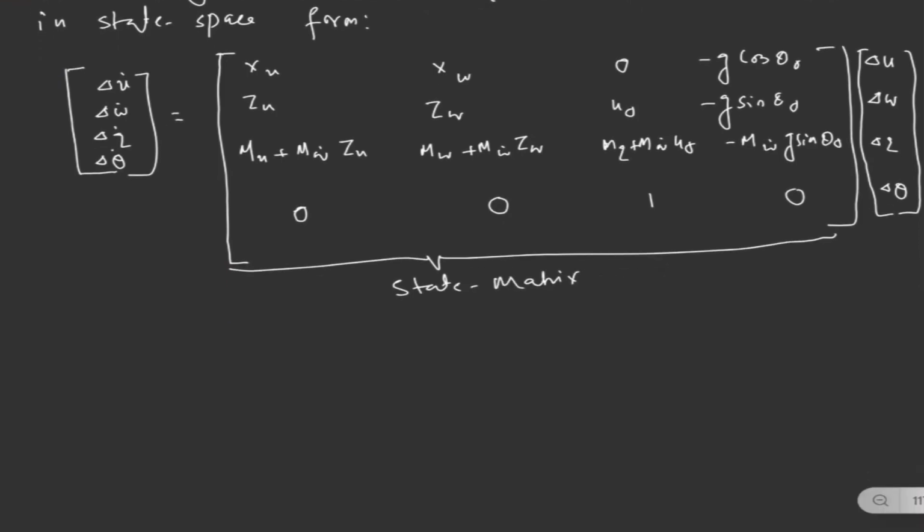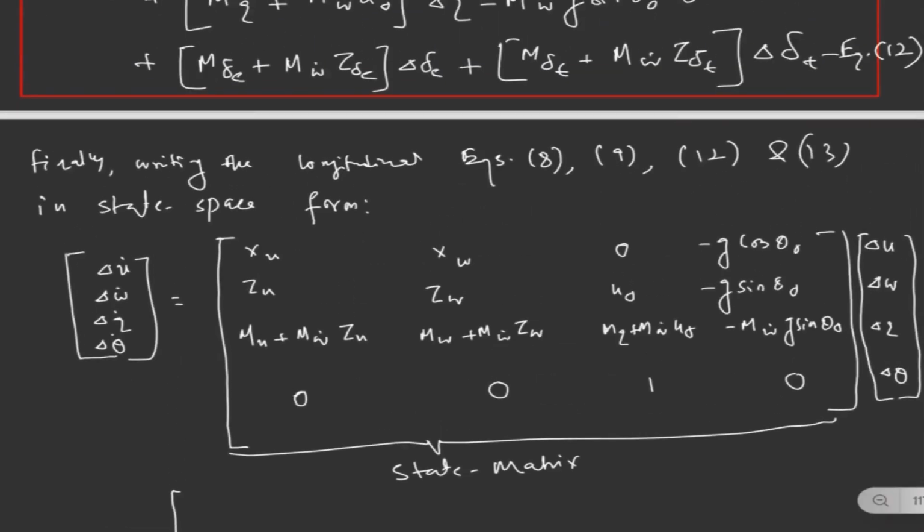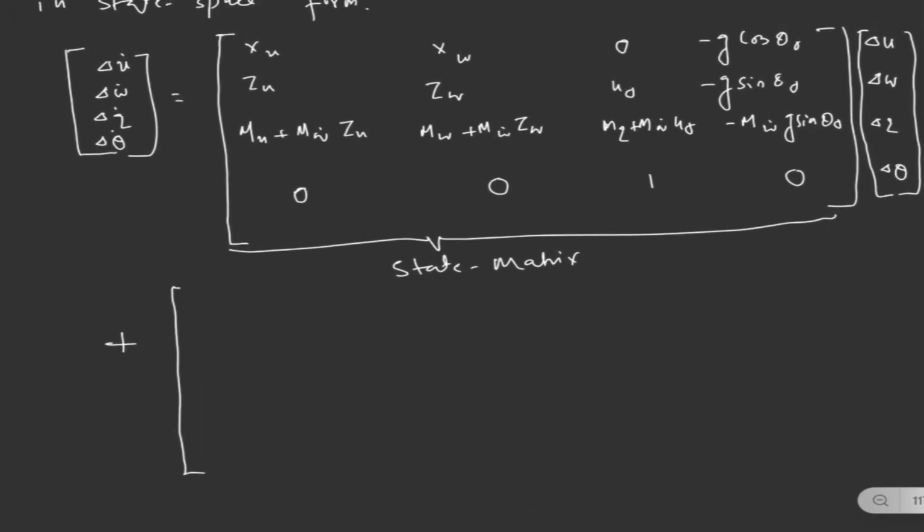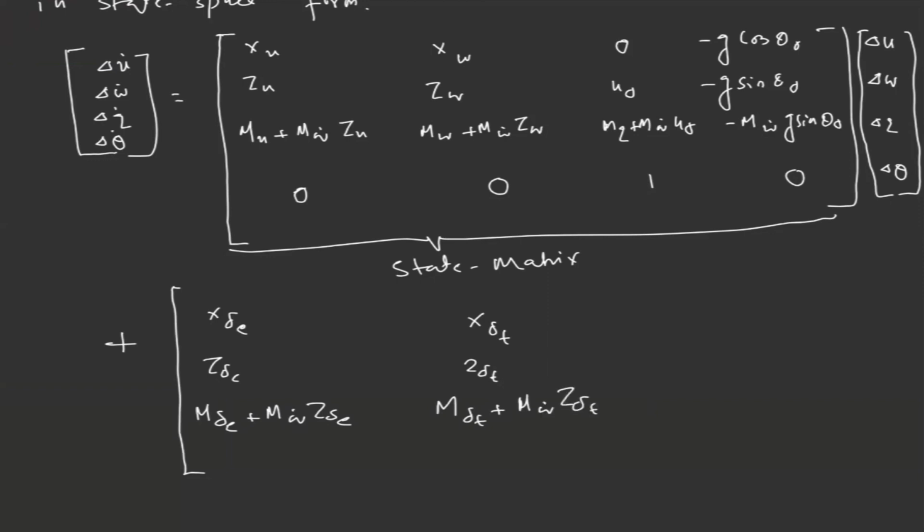And the control matrix holds the coefficients of capital delta delta e and capital delta delta t. So the control matrix rows are: X delta e, X delta t; Z delta e, Z delta t; m delta e plus mw dot z delta e, m delta t plus mw dot z delta t; and 0, 0.